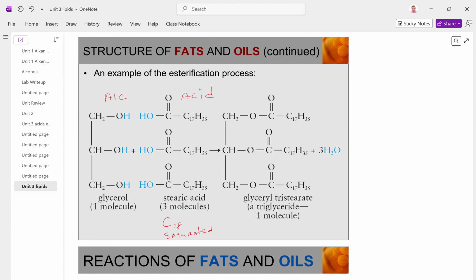Glycerol, now it doesn't have to be a triol to form an ester, but to form a triglyceride, it's got to be a 3 carbon. So this is required for a triglyceride.